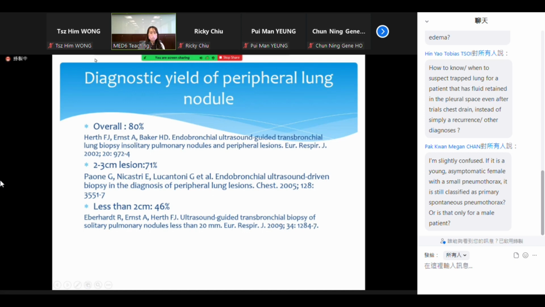Just at a glance, the sensitivity of bronchoscopy with the radial probe for diagnosing peripheral lung nodules, the diagnostic rate would be 80%. If the lesion is bigger, then the diagnostic yield would be higher. Smaller, the diagnostic yield will be lower.